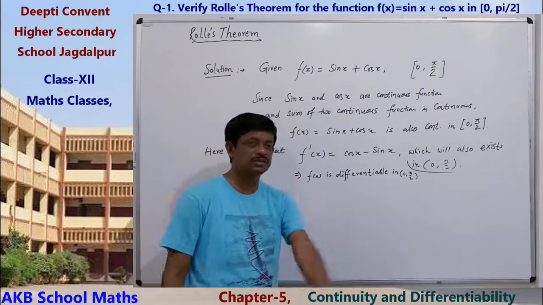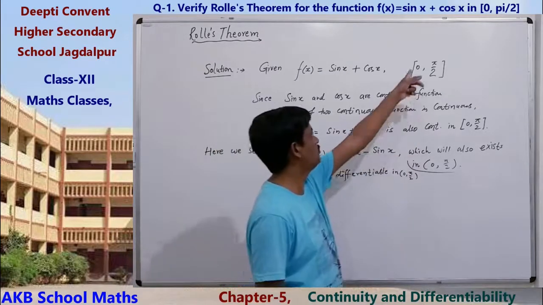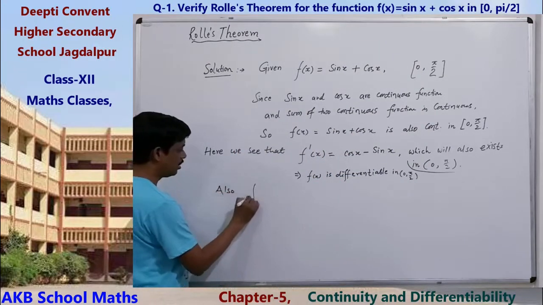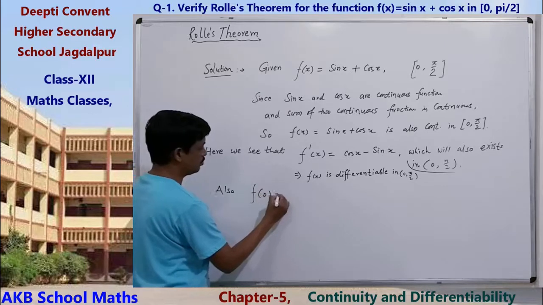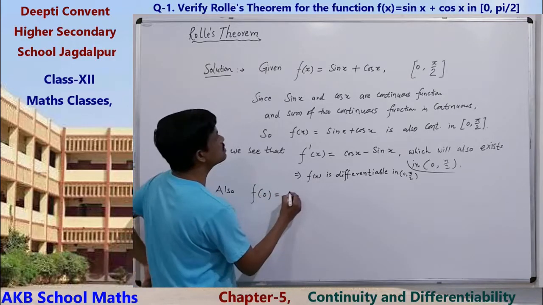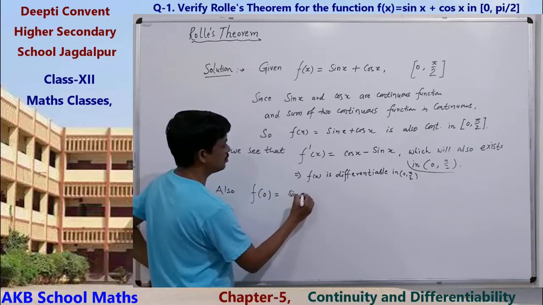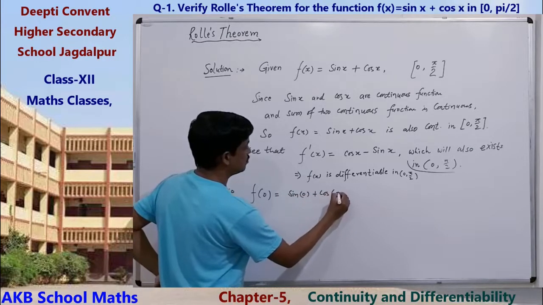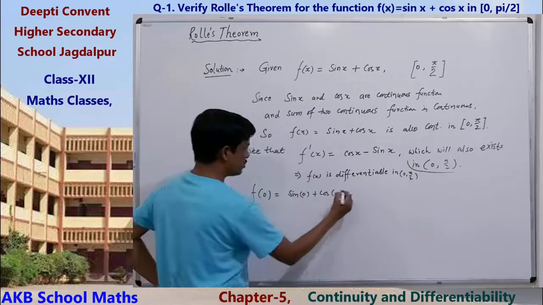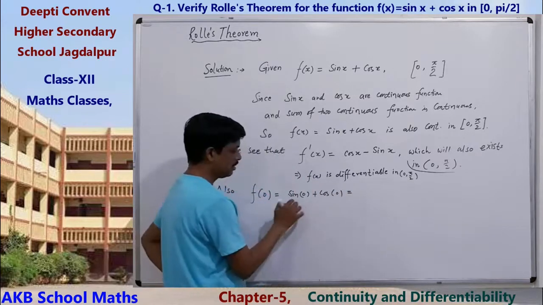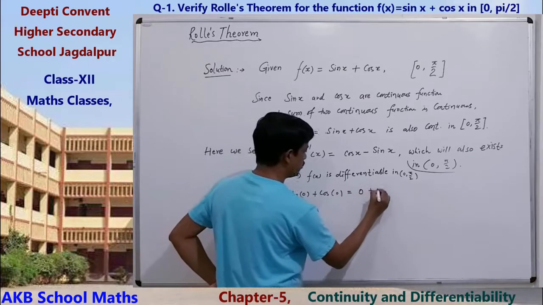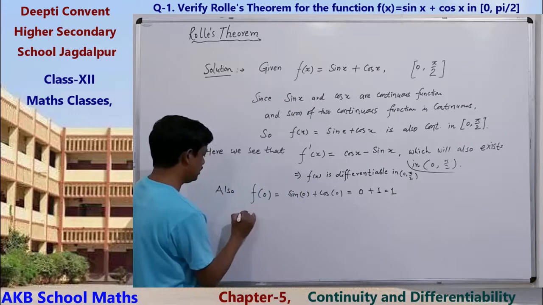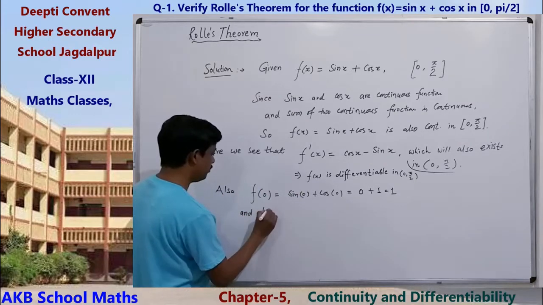And the third condition is f(a) equals f(b), that is f(0) and f(pi by 2). f(0) equals sin 0 plus cos 0, in place of x, 0. Sin 0 is 0, cos 0 is 1, equals 1. And f(pi by 2) equals sin pi by 2 plus cos pi by 2.